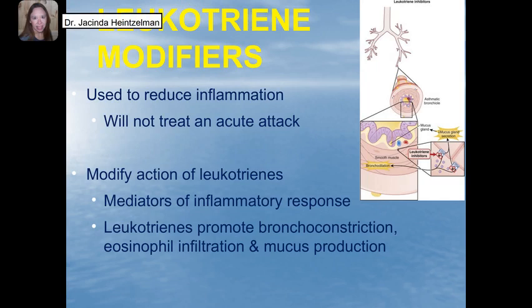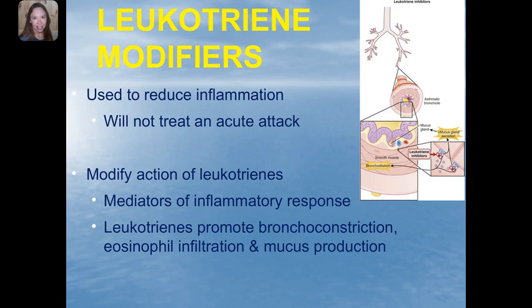Leukotriene modifiers are also going to be used for asthma. In this case, it's not going to be useful for the acute attack. It's going to be useful in helping to prevent an asthma attack. And how is it working? Well, it's going to reduce inflammation, and it's also going to be useful in mediating the inflammatory response.